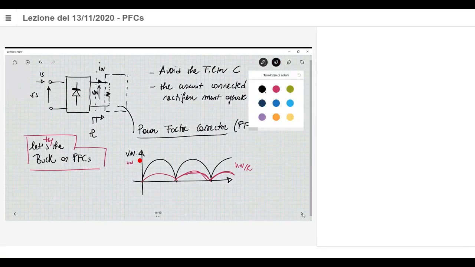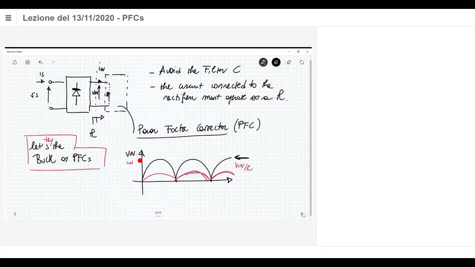Okay, what about the level of this input voltage? It's the rectification of the source. The source in different countries can have different levels. In Europe, for example, you have 220 volt root mean square value, of course.